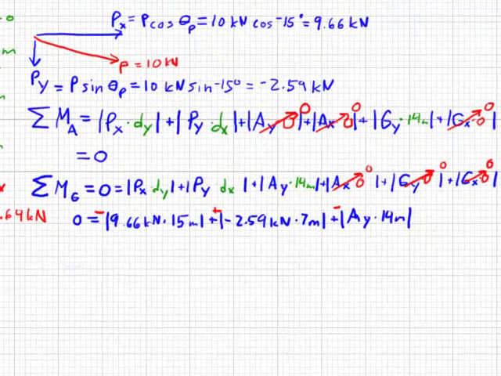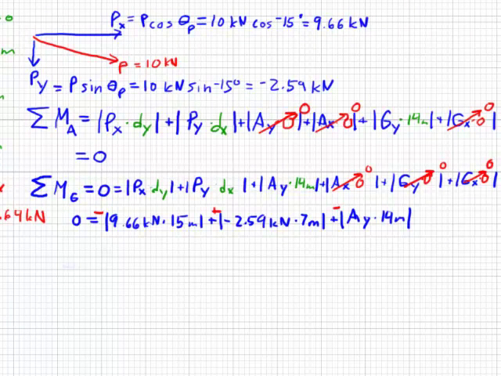All right, evaluating each of these. Zero equals negative 144 kilonewton meters plus 18.12 kilonewton meters minus Ay times 14 meters.